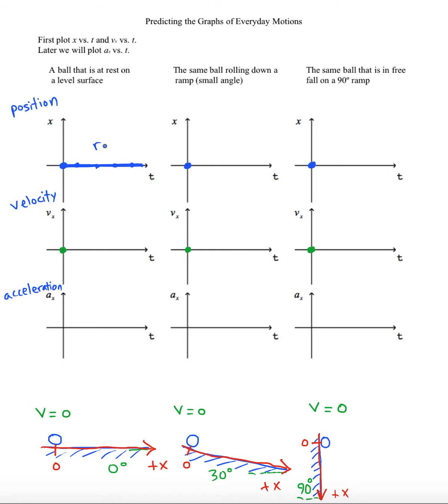This object remains at rest. How do you tell? Its position doesn't change. What should its velocity do? Should its velocity change as it sits there? No. Its velocity will remain 0 throughout time as well.